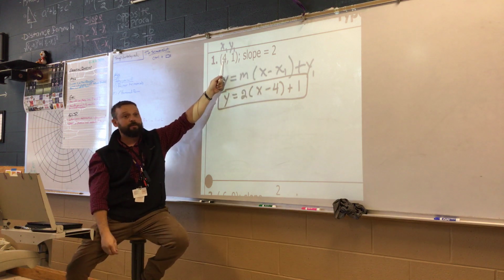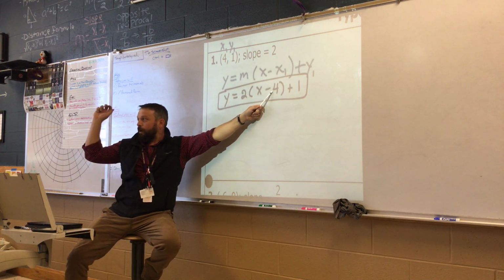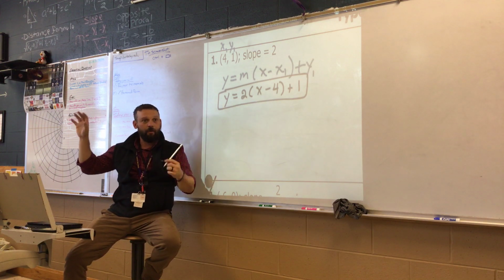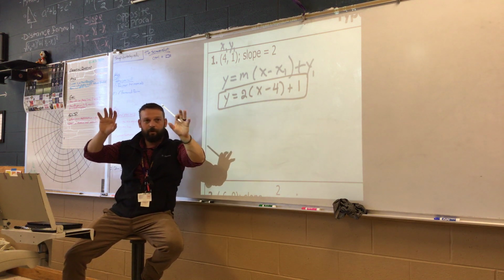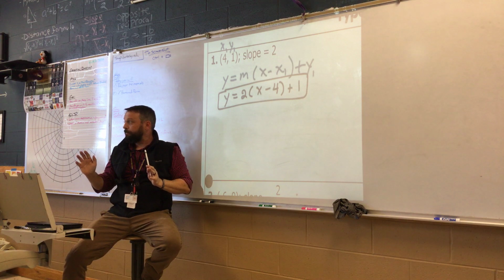So you notice how this is a +4? Right there it's a -4. Make sure you make that swap. That's the only thing you really got to remember. So that would be a 4. That would be the y value. That would be your 1. That's your ordered pair. That's your slope. You're done. Make sense? All right, y'all try the next 3.